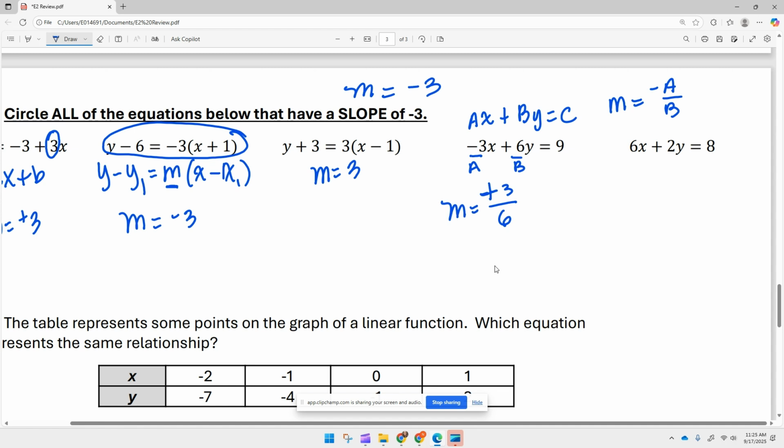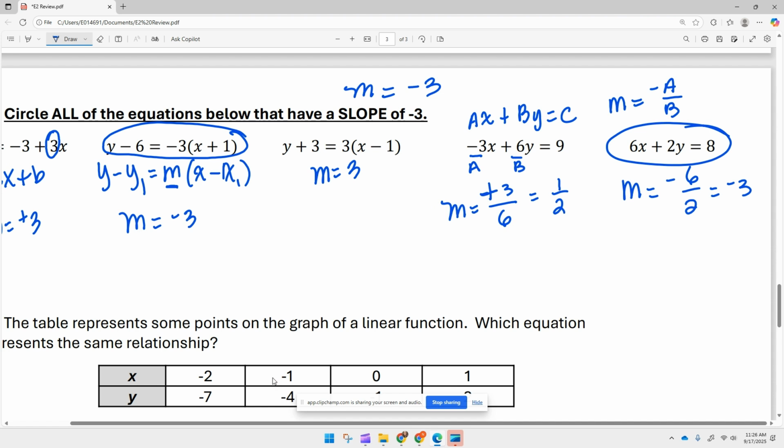Okay? So that means I have a slope of 1/2. So that one is not one that we should circle. Next one, that's going to be a slope of -6/2, which is -3. That has a slope of -3.